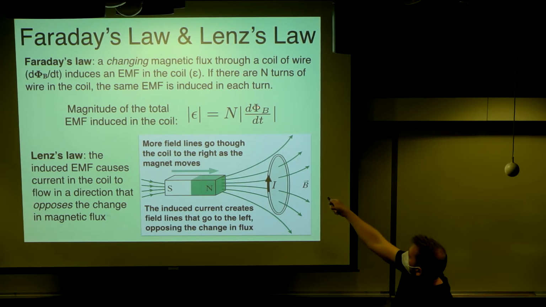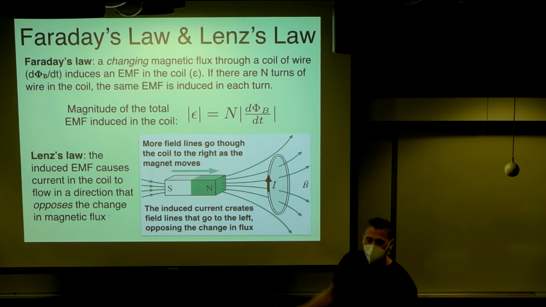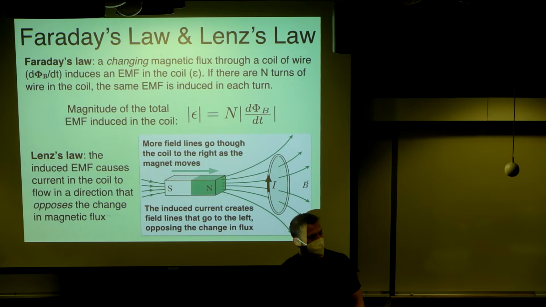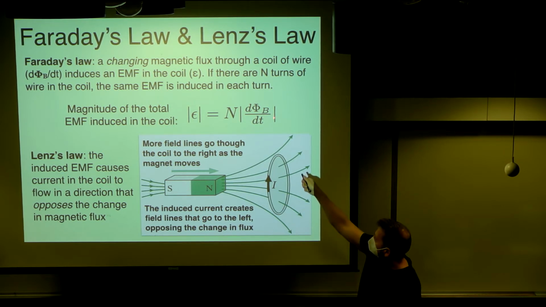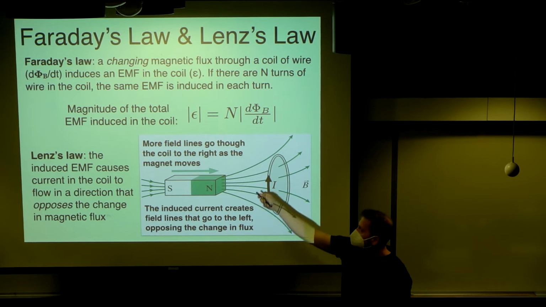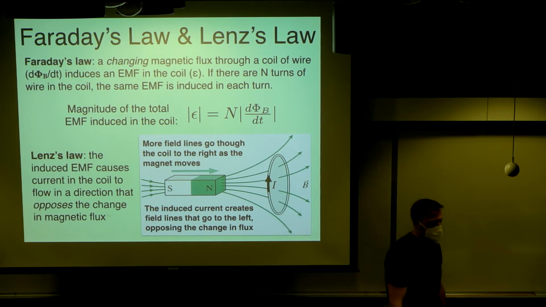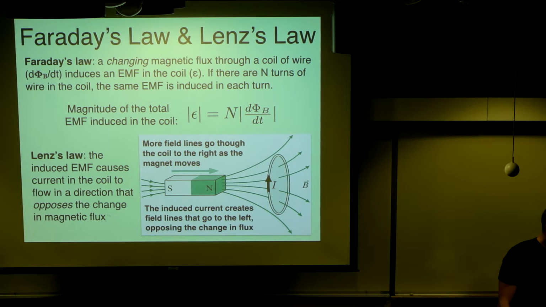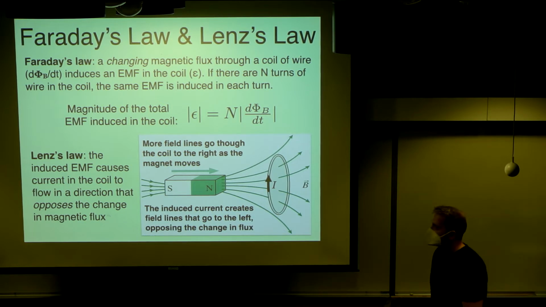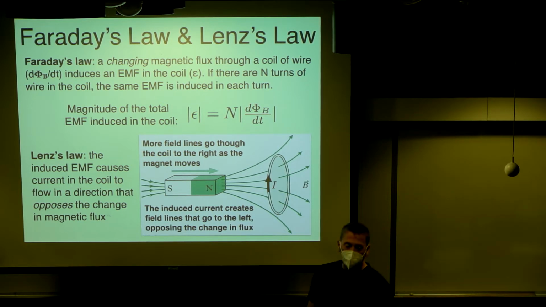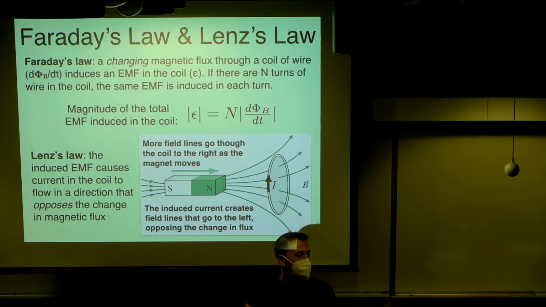The derivative of our magnetic flux with respect to time. This is the time rate of change of our magnetic flux, again given by psi b. And I put absolute values around here because this is just giving us a magnitude, not any thought about the sign yet. It's Lenz's law, actually, that tells us what the correct sign should be.